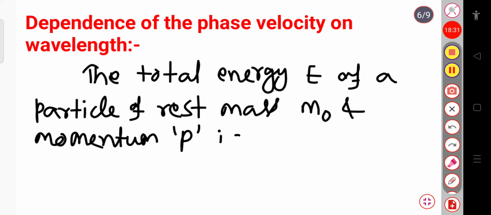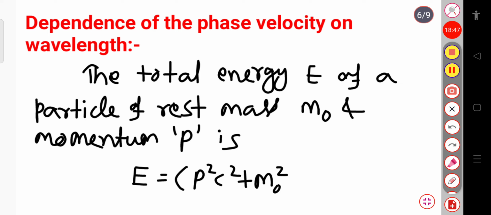So the total energy of the particle of rest mass m naught and momentum P can be expressed as E is equal to (P square C square plus m naught square C power 4) whole power 1 by 2.